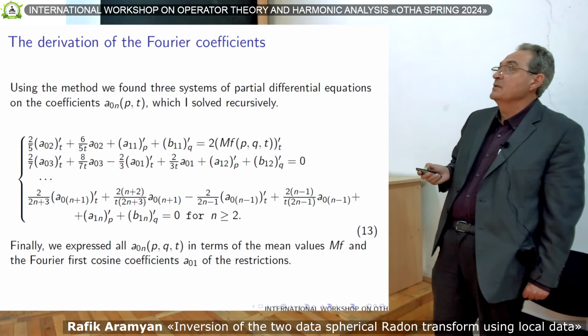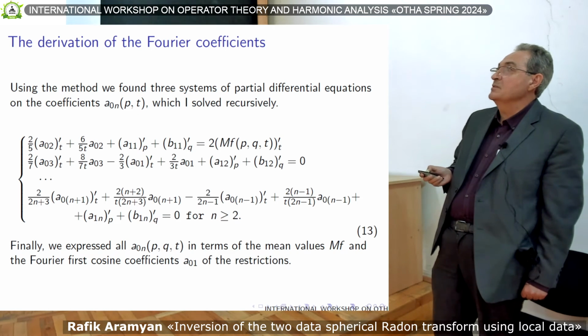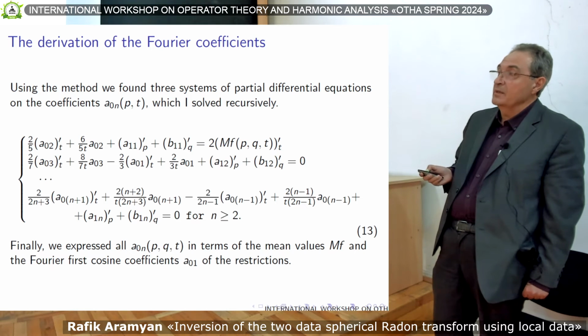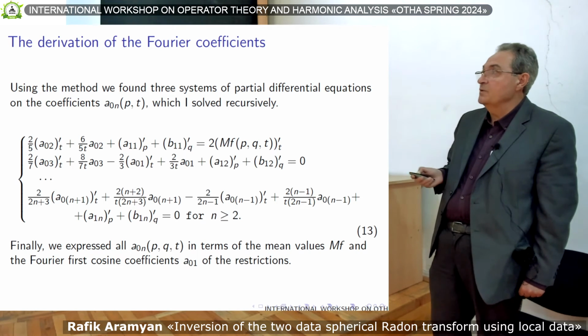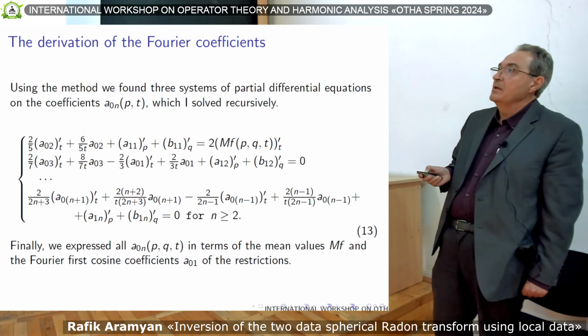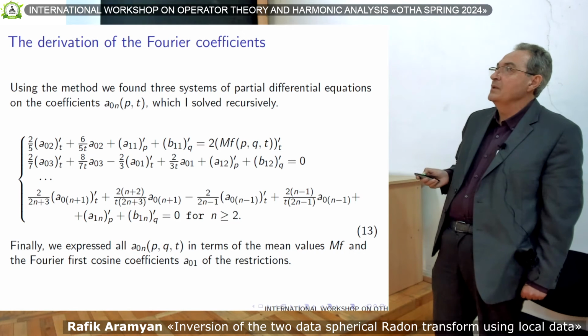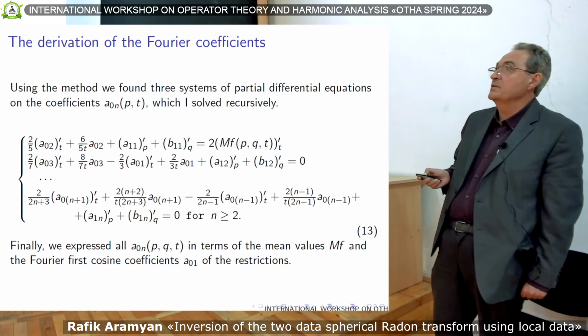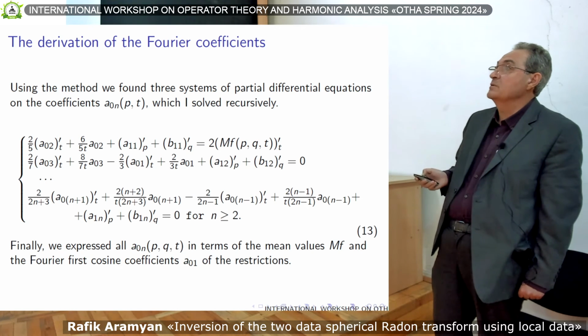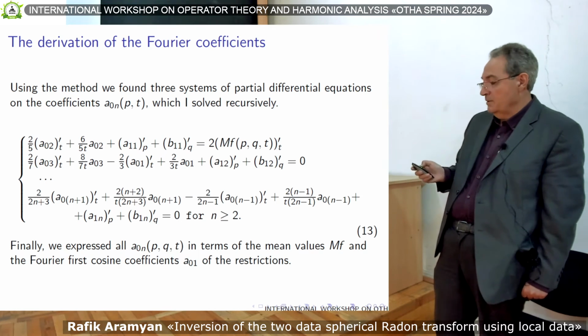You see that to obtain the coefficient A0n, we need also coefficients A1n and B1n, for which I obtained two other systems of differential equations. And finally, we expressed all Fourier coefficients A0n at the point (P, Q, T) in terms of the mean values of f and the first Fourier cosine coefficient A01 of the restriction of f onto the sphere S_PQT.